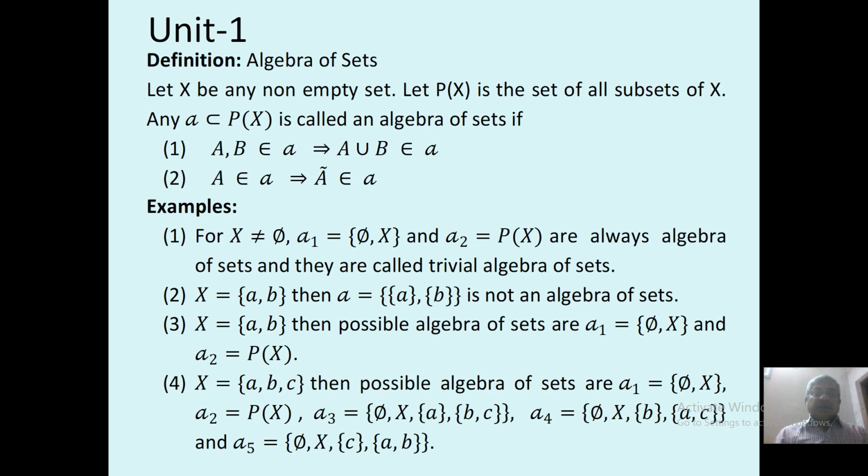Here is the definition of algebra of sets. Let X be any non-empty set.